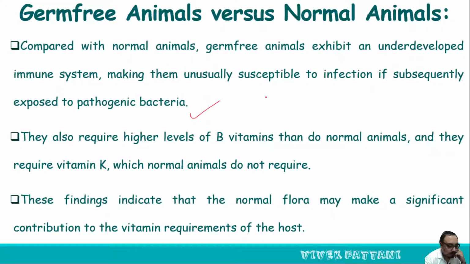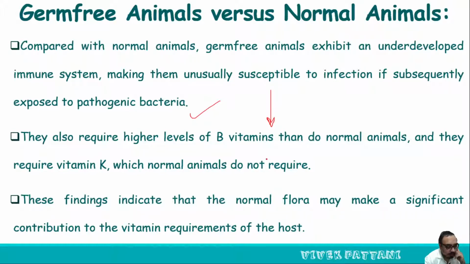So this was one of the disadvantages, and the main disadvantage is the lower immunity level in the germ-free animals. If they are exposed to a normal environment, there are chances they may immediately catch a new disease.